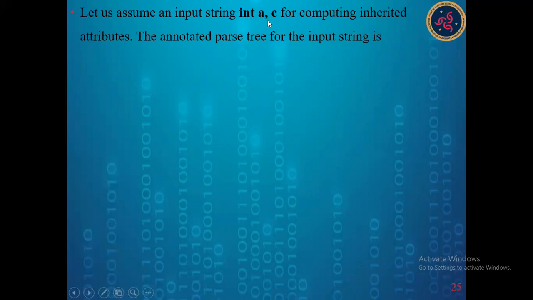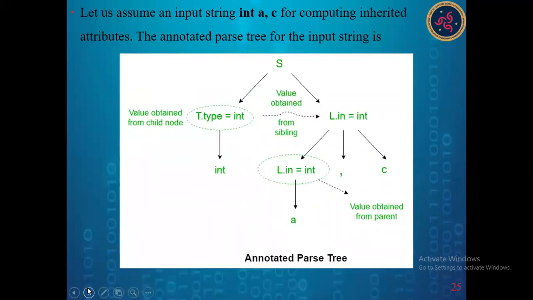Here, in order to compute the inherited attributes, I am considering an input string a comma c. So this is the annotated tree that is generated for the string int a comma c.